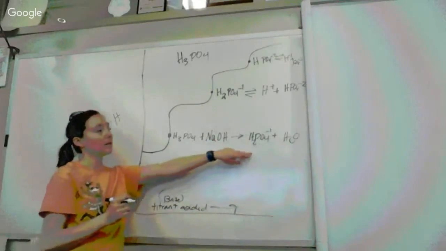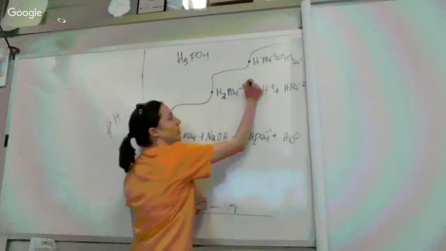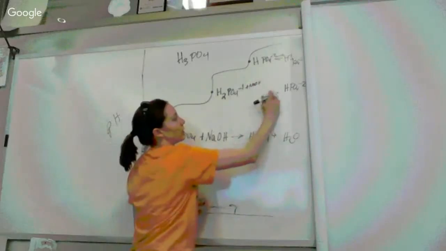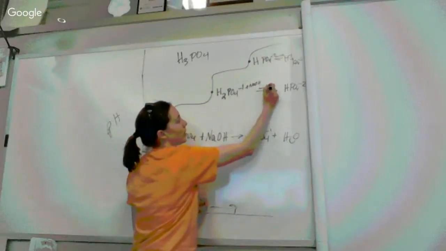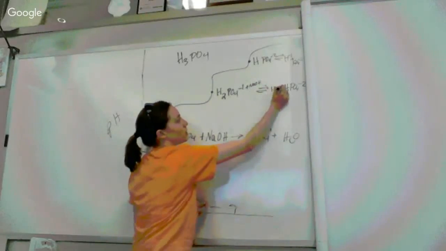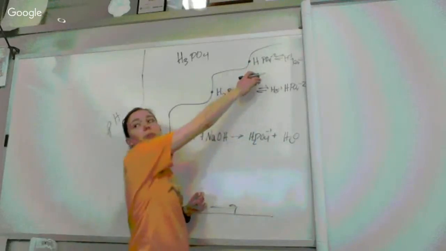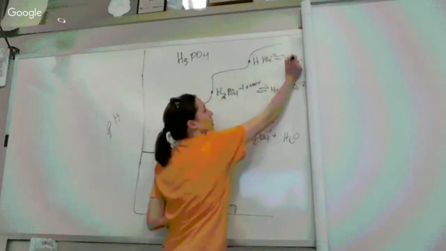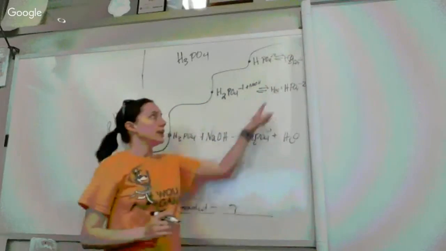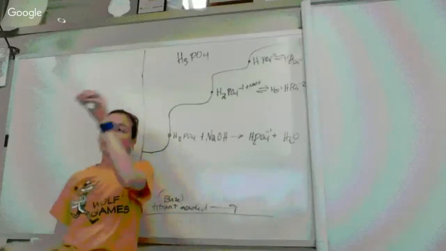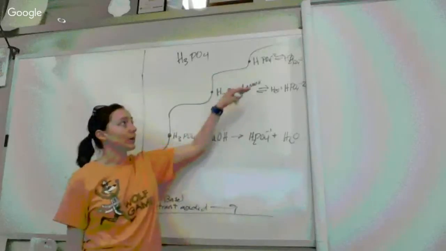Because this can continue to dissociate, my NaOH, remember, is going to react with that and make water and HPO4. And then the same thing will happen up there, water and PO4. Each of these are now conjugate bases and have the ability to react with water, so I'd have to draw a second equation.